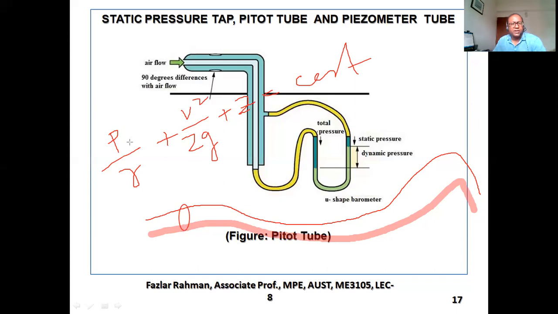So what is the P? You measure the pressure at this point. You measure the velocity. Now, what is the Z? Z is the potential height. What is the potential energy? mgh. Say you are on the roof of a building, sitting right over here.